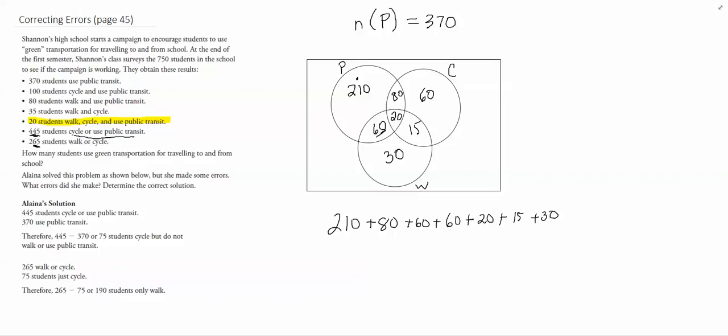I'm getting something wrong here. Nope, everything looks good. So 475 students use some form of green transportation.